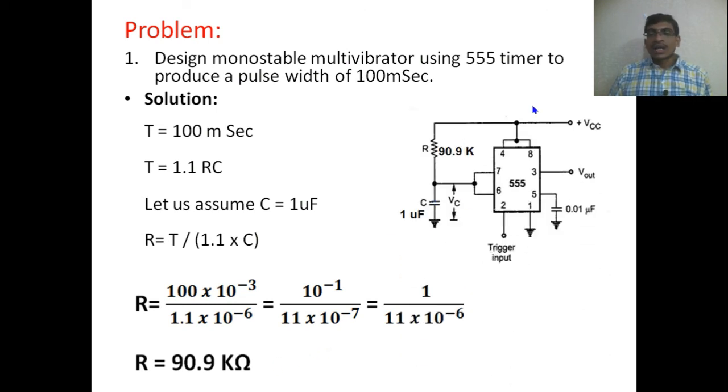Therefore, we can draw a monostable multivibrator using the IC 555 and substitute 90.9 kilo ohms for R and 1 microfarad for the capacitor. This is how we have to do the problem in the examinations.